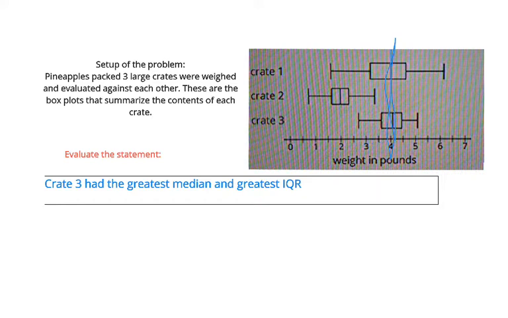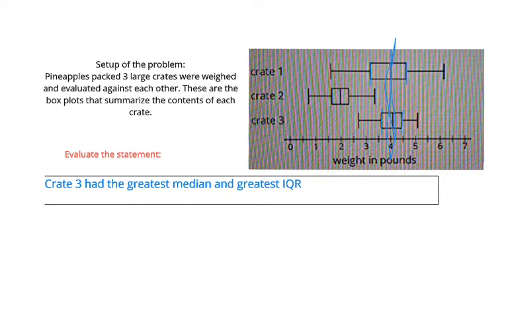So it doesn't have the greatest, but it is tied for the greatest, so this statement could still be close to true. Now we have to look at the interquartile range. The IQR is the distance between the different quartiles here.